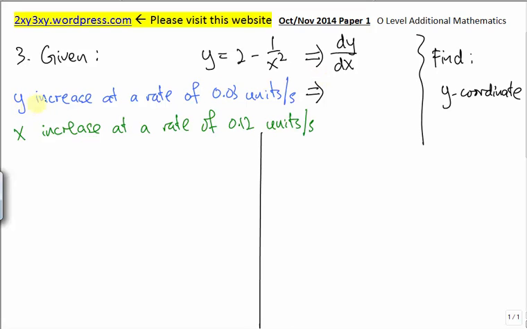y increases at the rate, that means dy/dt, rate is over time, 0.03 units per second. This is a positive sign, positive 0.03, because the question says increase.